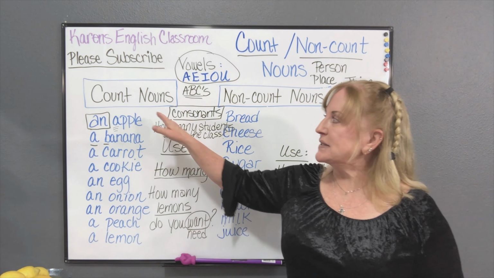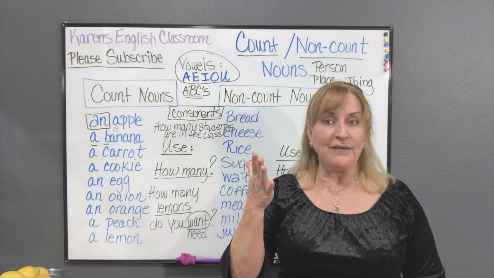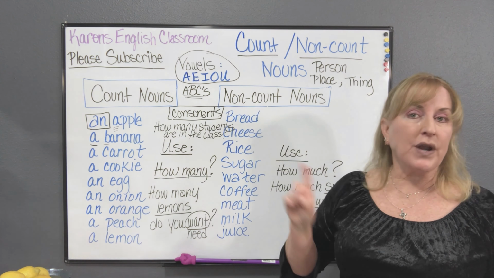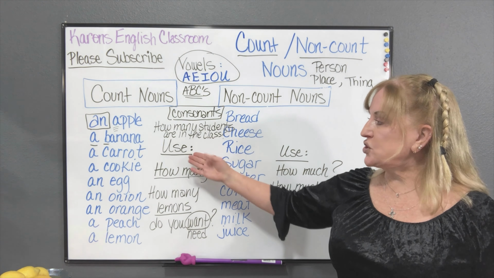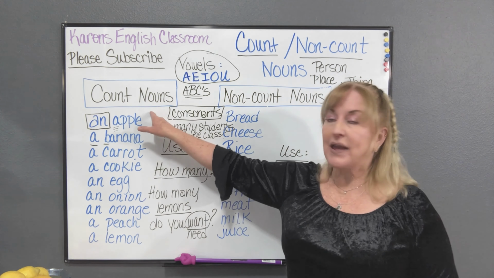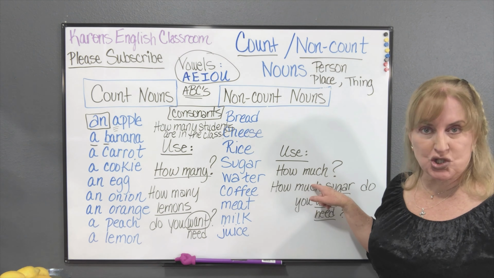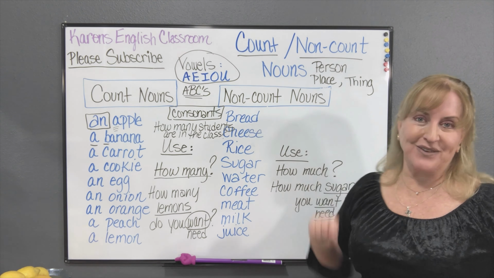All right, so class, so remember count nouns, we can count 1, 2, 3, 4, 5. Non-count, we're not going to count. Questions, we're going to use how many with count nouns, and we're going to use how much with non-count nouns, okay?